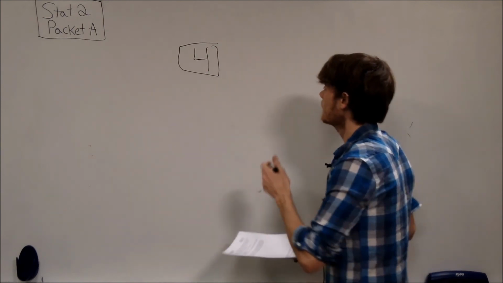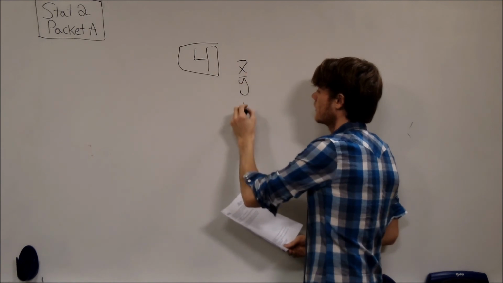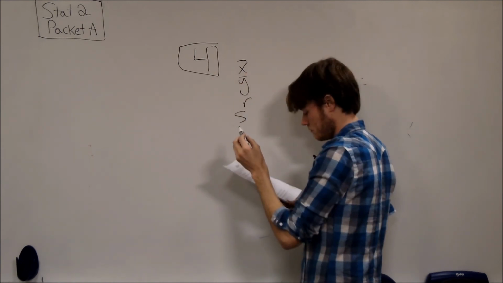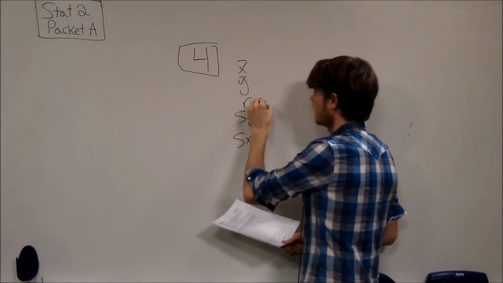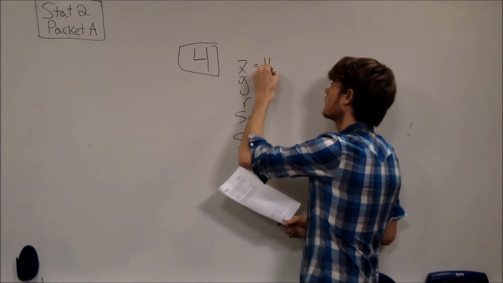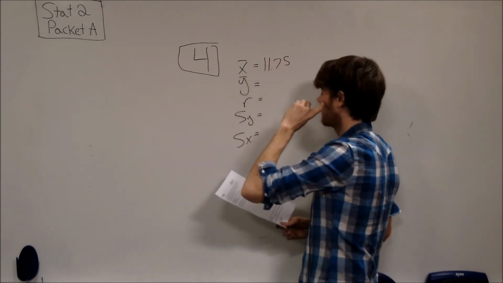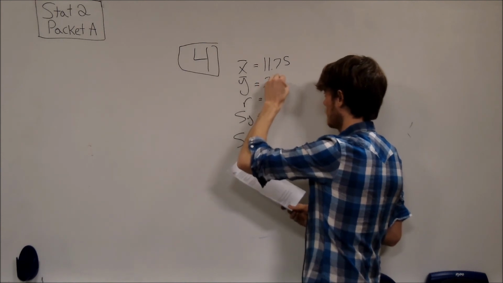Okay? And now we're given a few things. We're given X bar, Y bar, R, SY, and SX. It's a lot of things, but you need this. It's a big data set, so I would find it cruel to make you do this. So I did it myself.